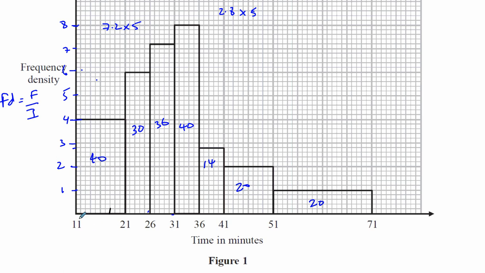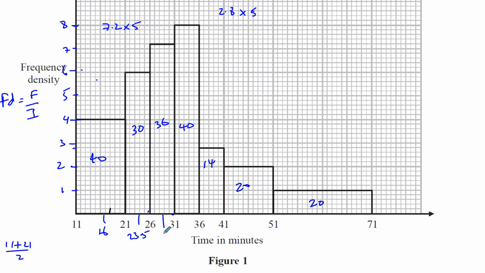So here you've got 11 plus 21 divided by 2. Remember to find the halfway point. That's going to be 16, the mid-value. And 21 plus 26 is 47, divided by 2 is 23.5.